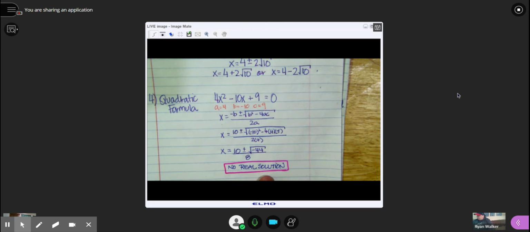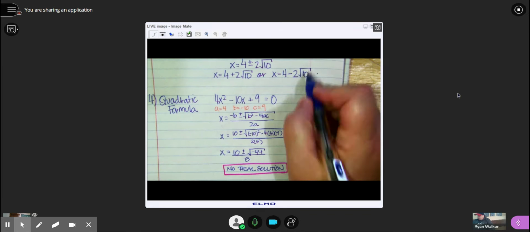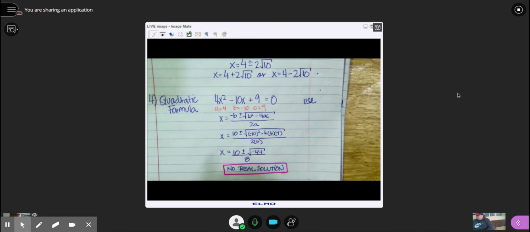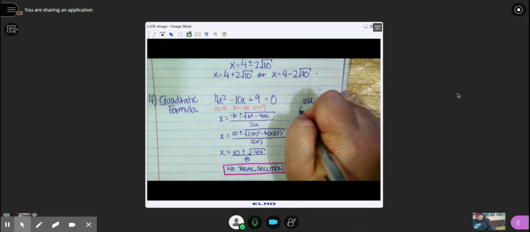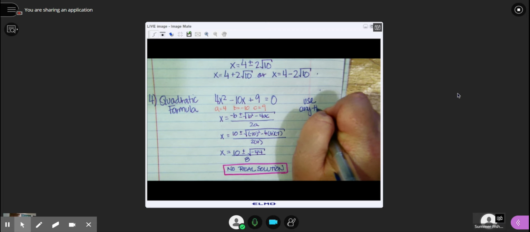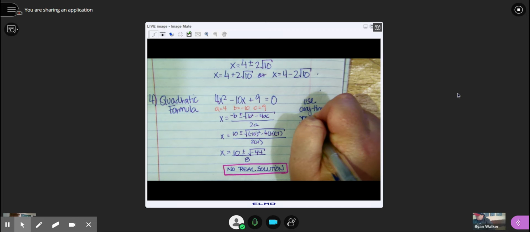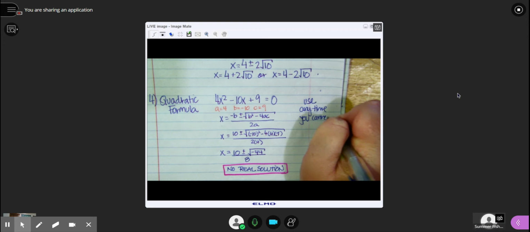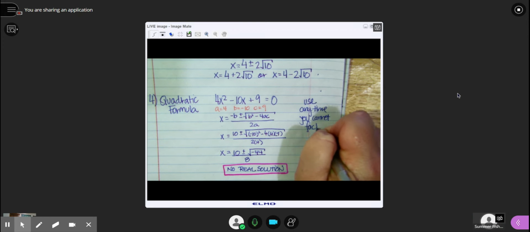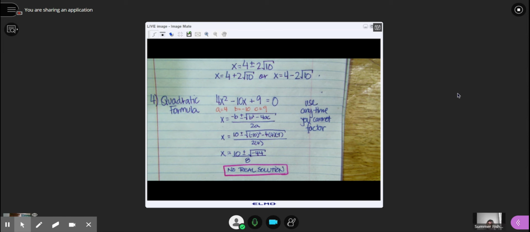Now, when do we use quadratic formula? Basically, anytime we can't see it to factor easily, we can use quadratic formula. Quadratic formula is our utility hammer. This is the one that we can use almost all the time.